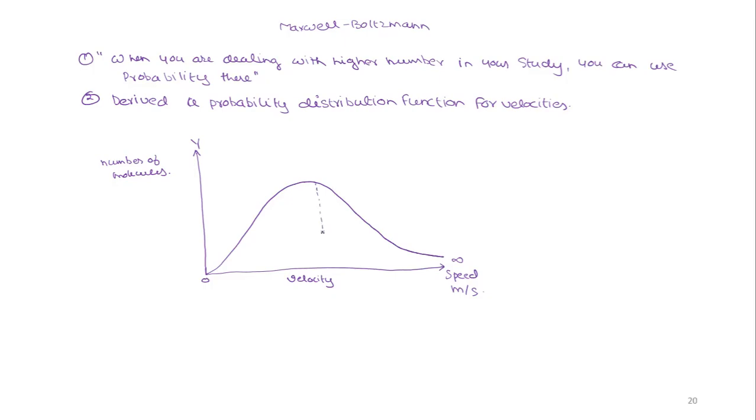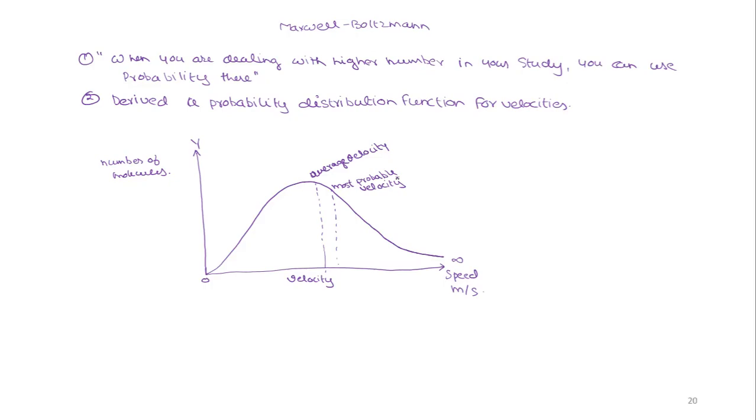So you have different values for average velocity, and you have a different value for most probable velocity. This is what we mean.